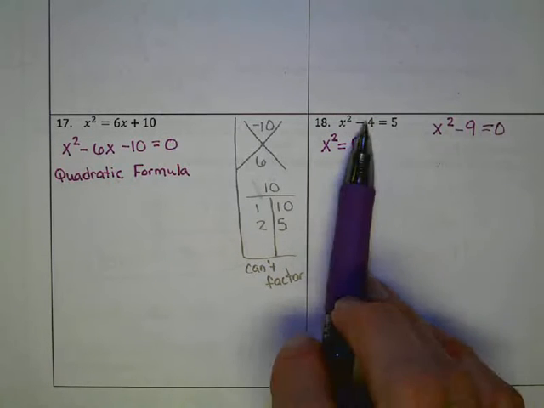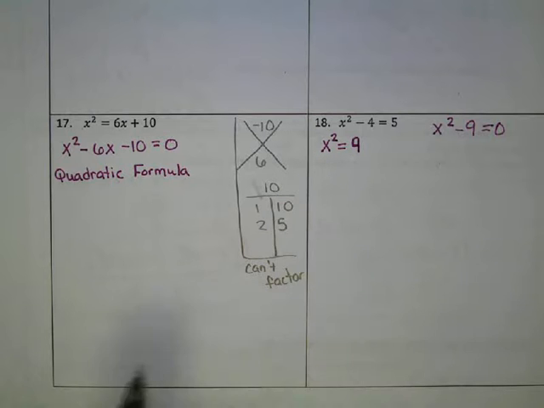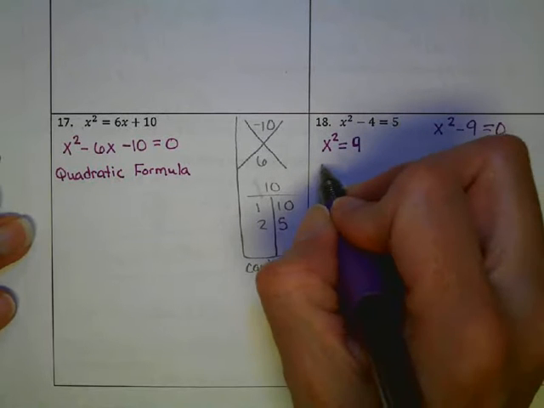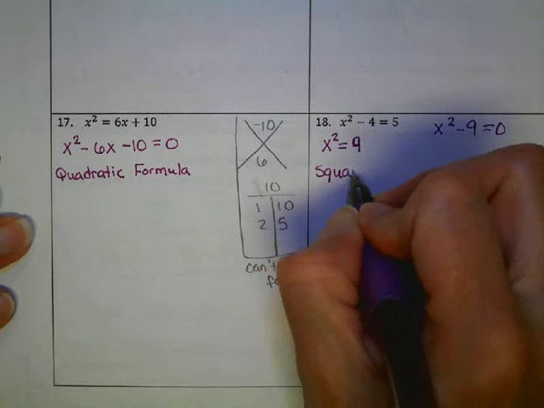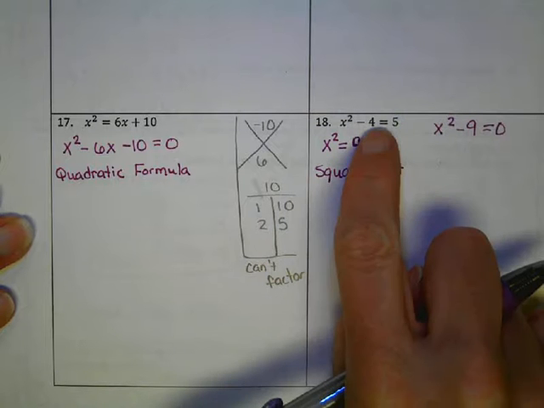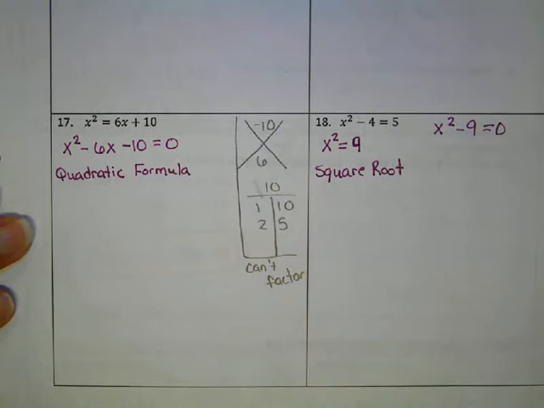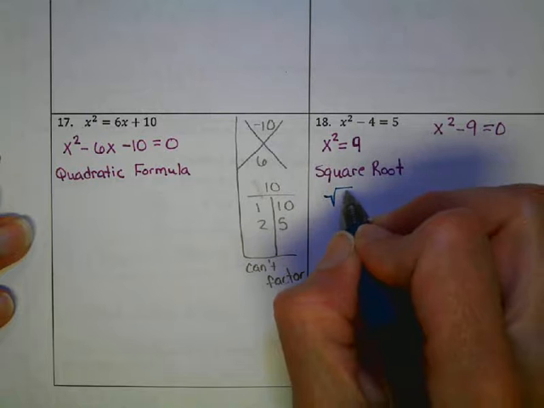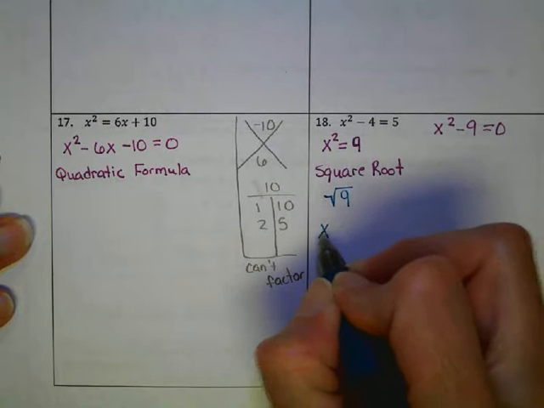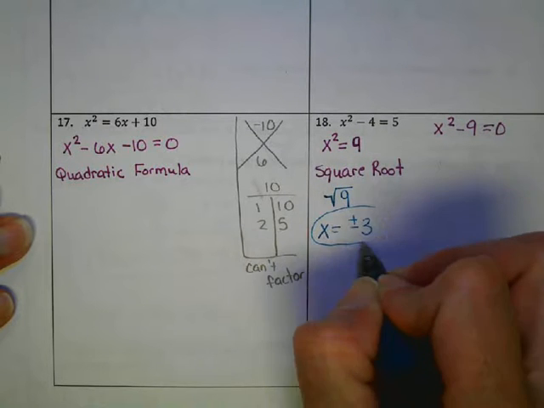Let's say you want it to look like this. X squared equals 9. That looks like a pretty simple problem. If you do that, then you can square root. If you square root 9, you would get x equals positive and negative 3. So that's one option to do on that.